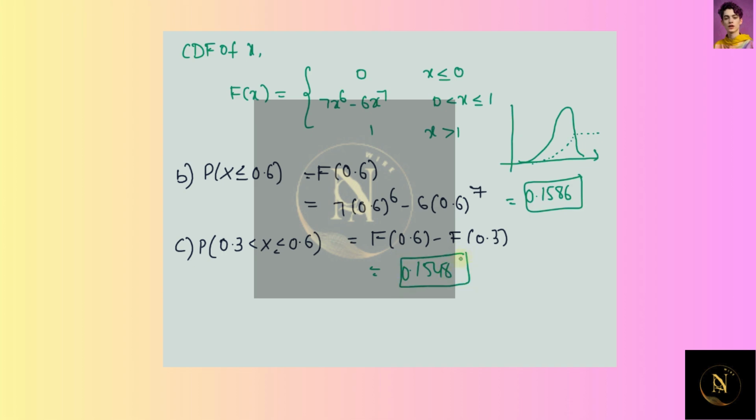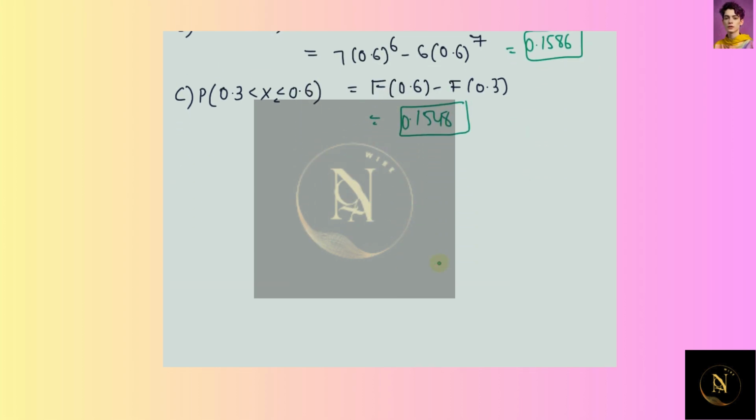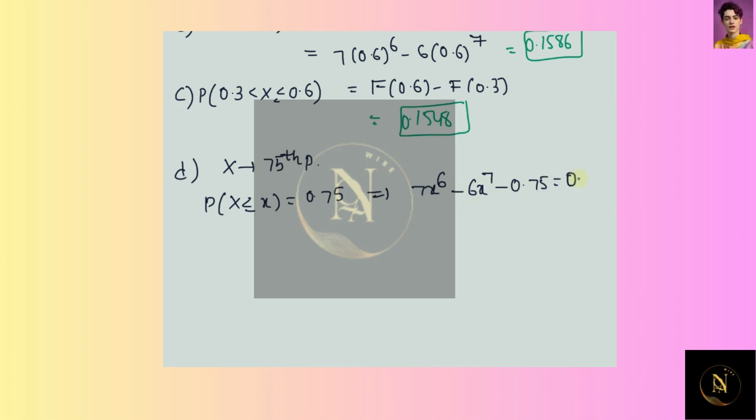By substituting we get 0.1548. Now in the D bit we have to find the percentile value. Here x will be denoted as the 75th percentile. Then the probability of X less than or equal to x will be 0.75. That implies 7x^6 minus 6x^7 minus 0.75 is 0, so that can be written as minus 6x^7 plus 7x^6 minus 0.75 equals 0.